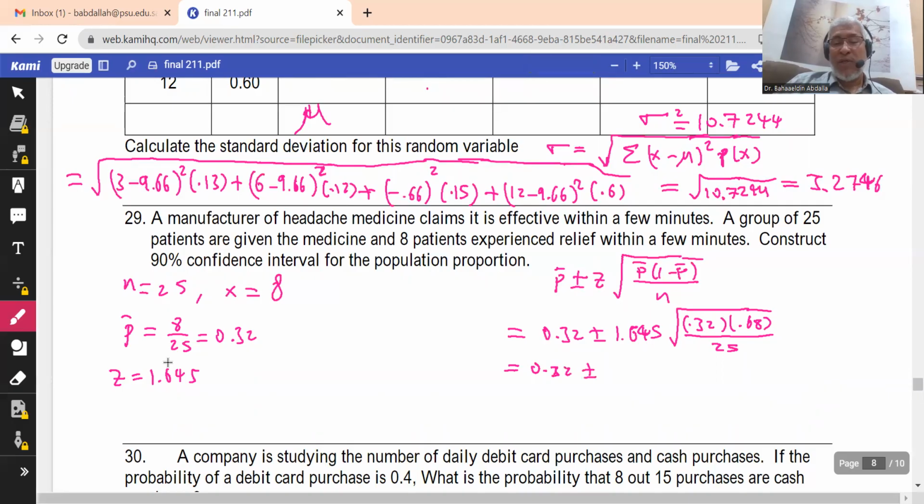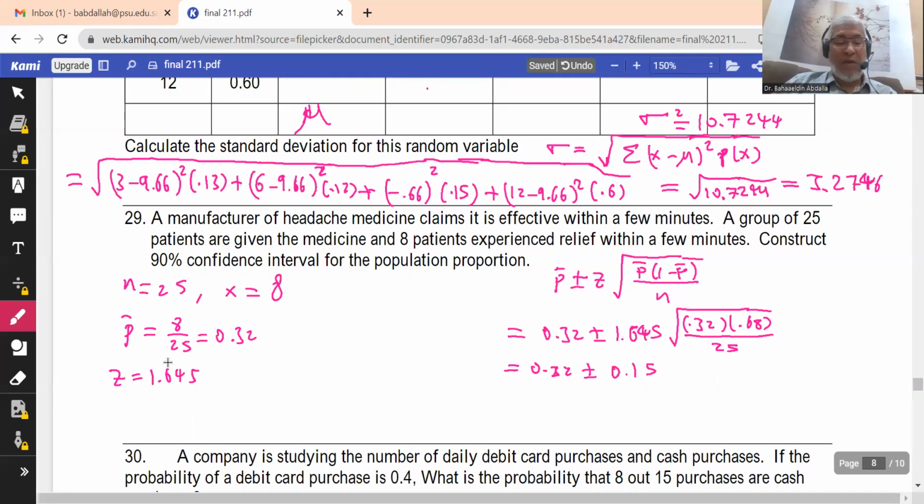And the answer would be 0.32 plus or minus the standard error, which is 1.645 times the square root of 0.32 times 0.68 over 25, and the answer is 0.15347. So I'll just take 0.15.